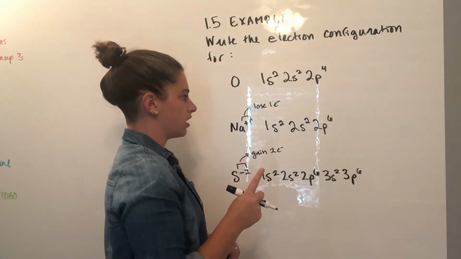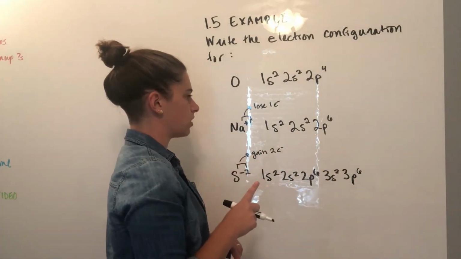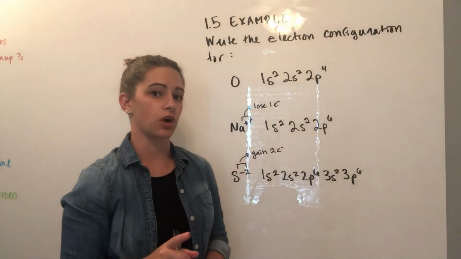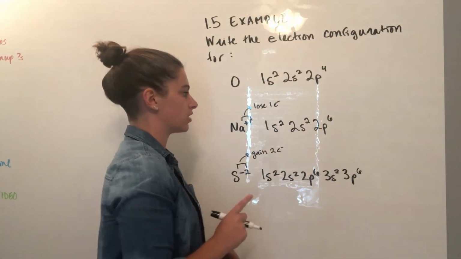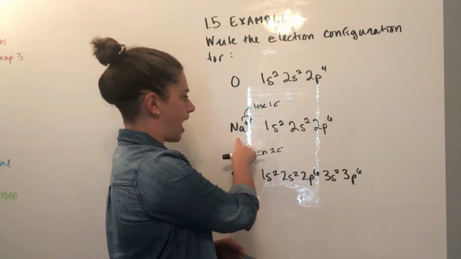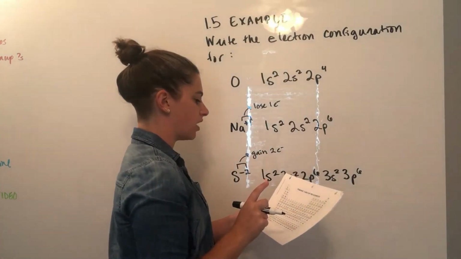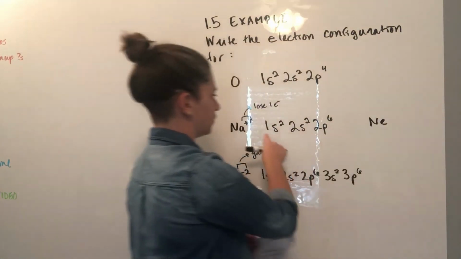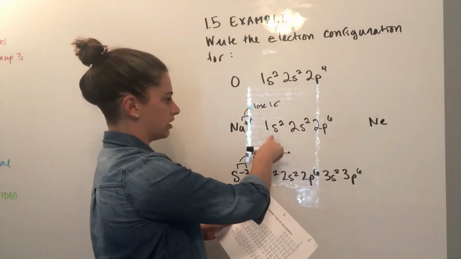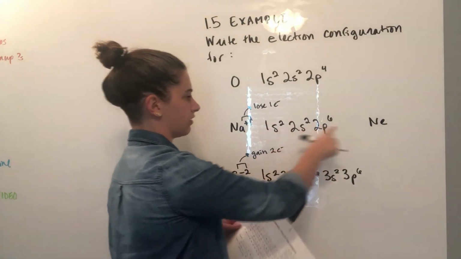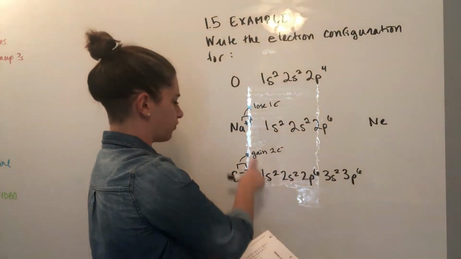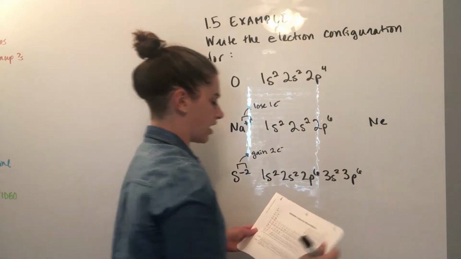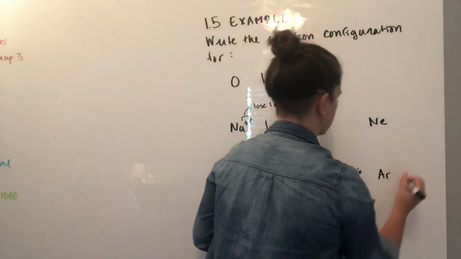I want to point out, we talked in the general notes about the phrase isoelectronic, so something that has the same electron configuration. Sodium ion, sodium plus 1, is isoelectronic with neon. So if you look at this electron configuration, the neutral element that has this electron configuration is neon. Sulfur minus 2 is isoelectronic with argon.